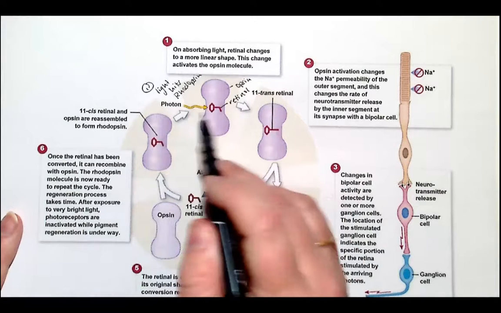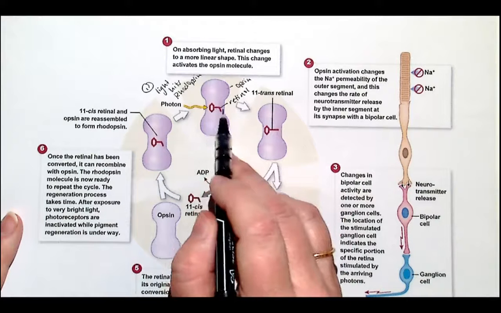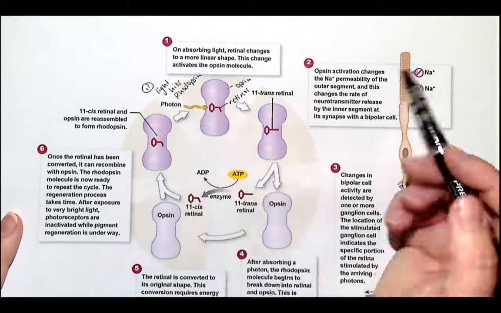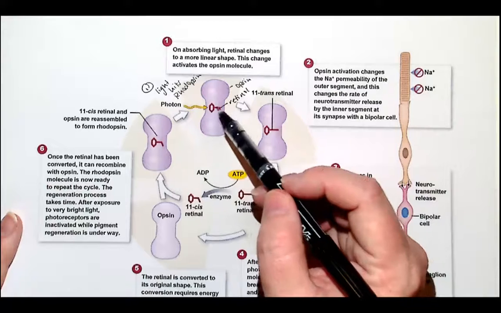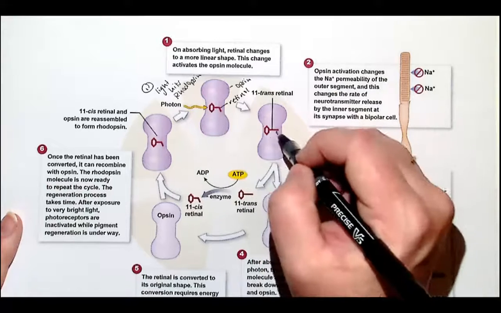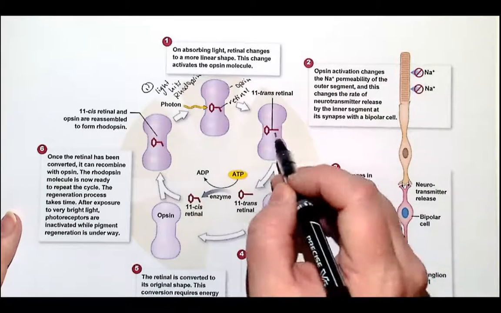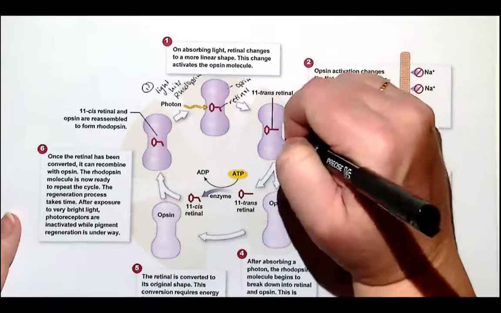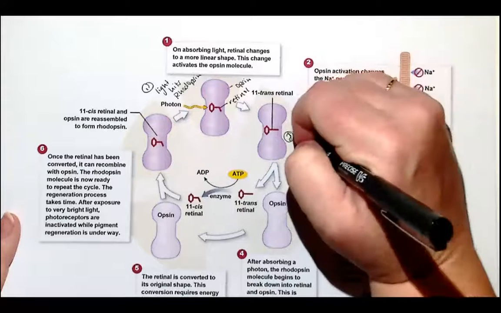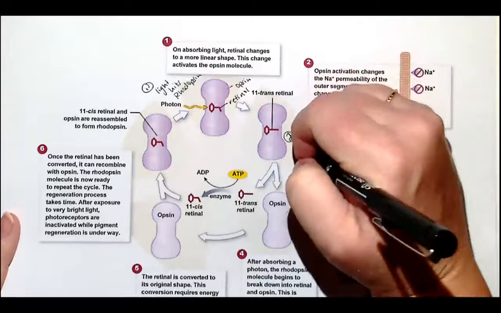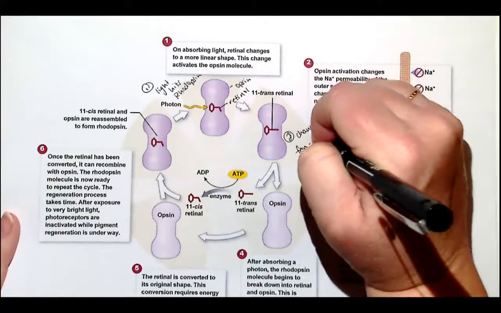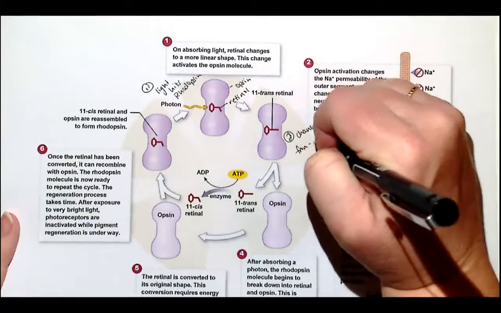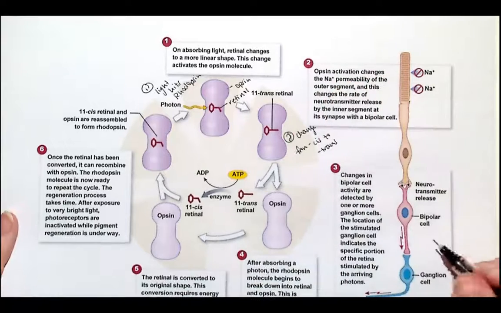And that light hits that rhodopsin. And it changes the retinol configuration from a cis to a trans, this little hitch in our giddy up to a straight configuration. So step 2, change from cis to trans.